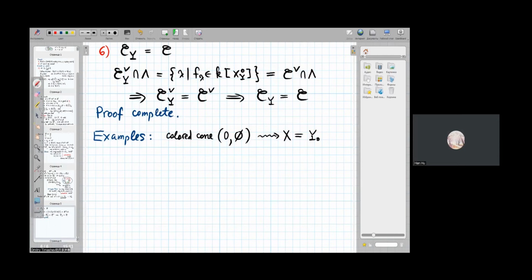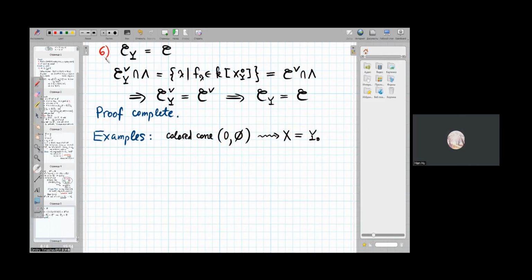And the cone generated by the empty set of generators is by definition the cone consisting of a single zero vector. So the colored cone of the spherical homogeneous space itself is this one.